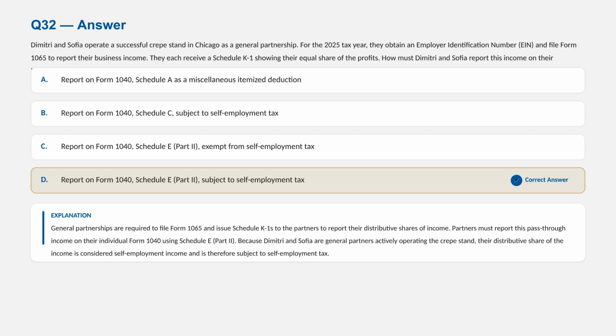Because Dimitri and Sophia are general partners actively operating the crepe stand, their distributive share of the income is considered self-employment income and is therefore subject to self-employment tax. Great. Now let's move to our next question.